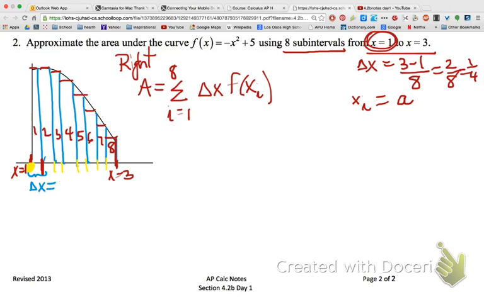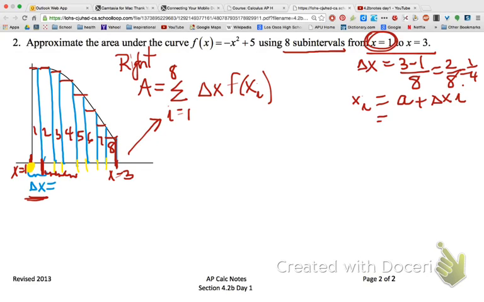And then adding delta x, and maybe another delta x, and maybe another delta x, and maybe another delta x. So some amount of delta x dependent upon which number I'm plugging in, or which i value I'm on. Like, is it the first one? Is it the second one? Is it the third one? So it's dependent upon i.